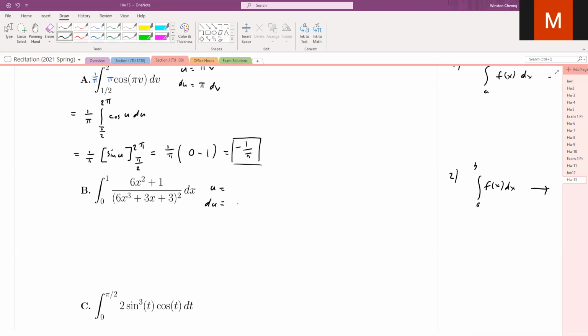Would you be everything on the bottom? Be careful when you say everything. Do you mean everything, including the square? No, not the square. Not the square, that's right.